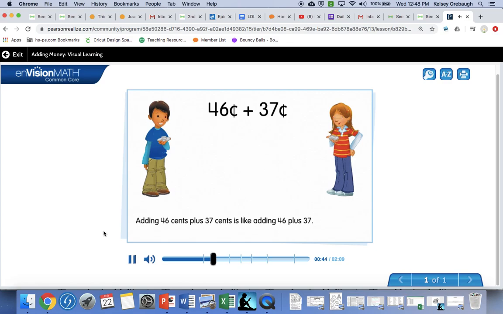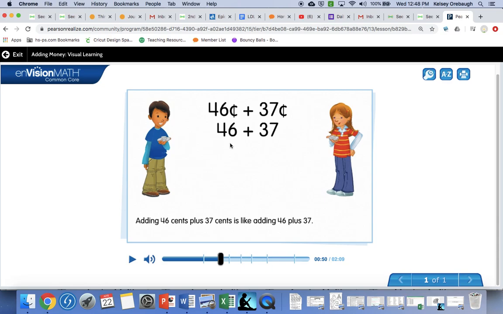Adding 46 cents plus 37 cents is like adding 46 plus 37. Why is that like adding 46 plus 37? Because they are the same numbers. The only difference is that this is an amount of money because it has the cent symbol, and this is just the number 46.